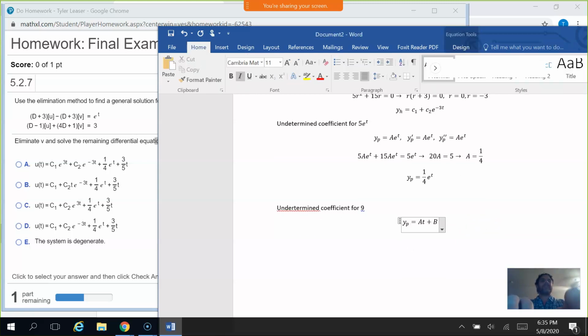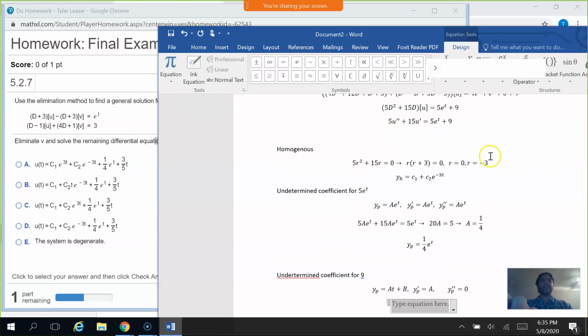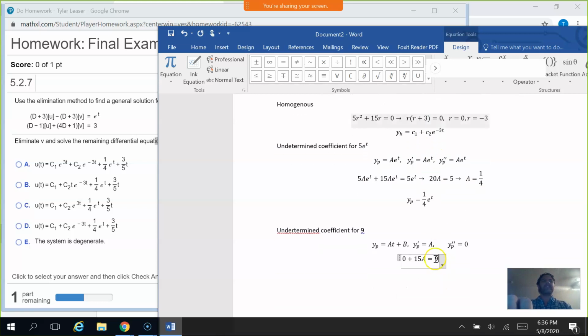Then we're going to take the first and the second derivative of this. The first derivative is just going to be a. The second derivative is just going to be 0. And we're going to plug that back into the differential equation up top. So we have 5 times the second derivative, which is 5 times 0, plus 15 times the first derivative, which was a, and we set that equal to the right-hand side, which is just 9.